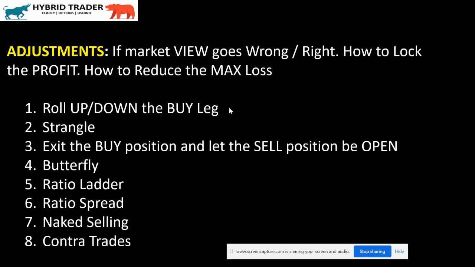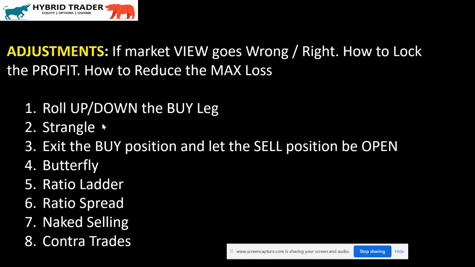These are the various adjustments. I'll try to create one session or one YouTube video for each of them, wherein I'll be sharing my real trades, and if required, I'll do a simulation in Opstra by taking up a good example. Basically, the adjustments are rolling up or rolling down the buy leg in case the market goes in our favor.